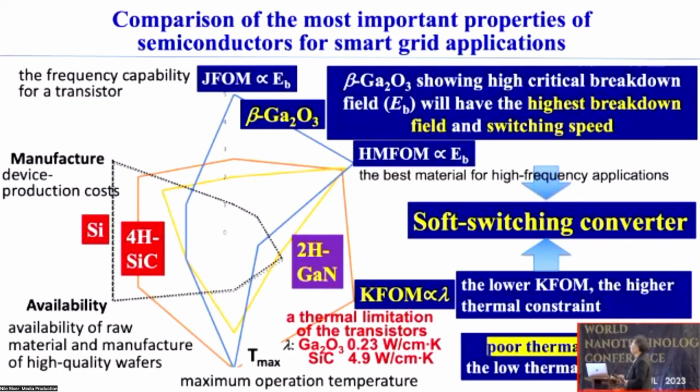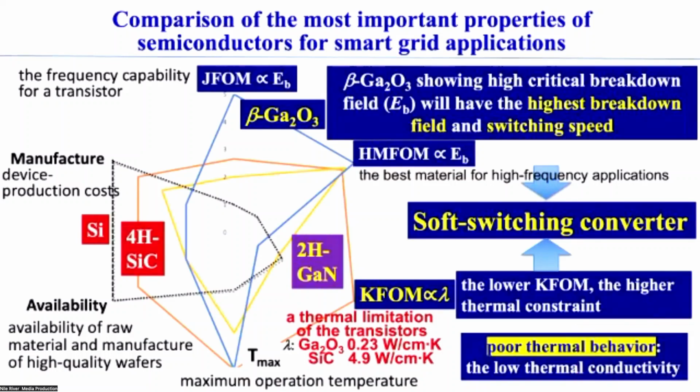On the other hand, concerning the frequency capability for transistors, beta-type gallium oxide, showing a high critical breakdown field, will have the highest breakdown field and high switching speed.